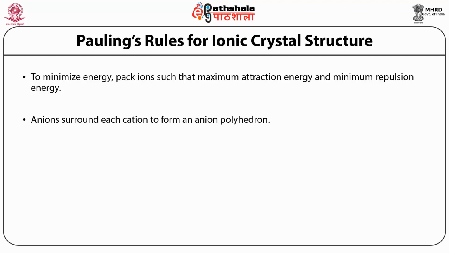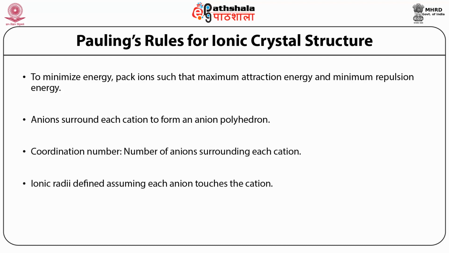A set of ionic radii is to be used for different coordination numbers. The anions are therefore assumed to be touching the cations, and the number of anions surrounding the cation is called the coordination number. This number depends on the ratio of the radius of the cation to the radius of the anion.